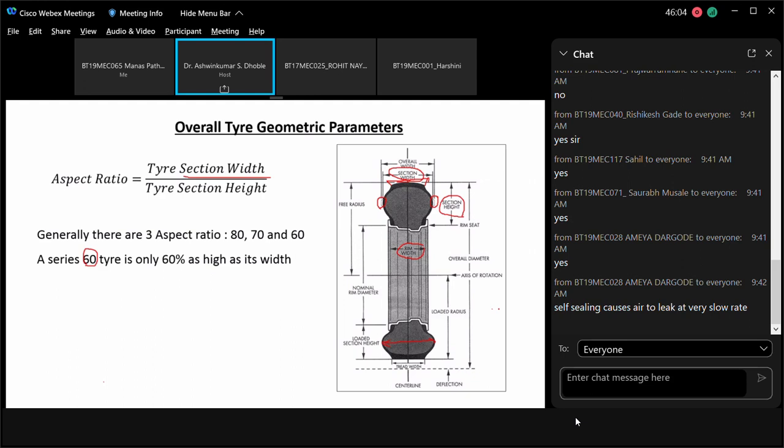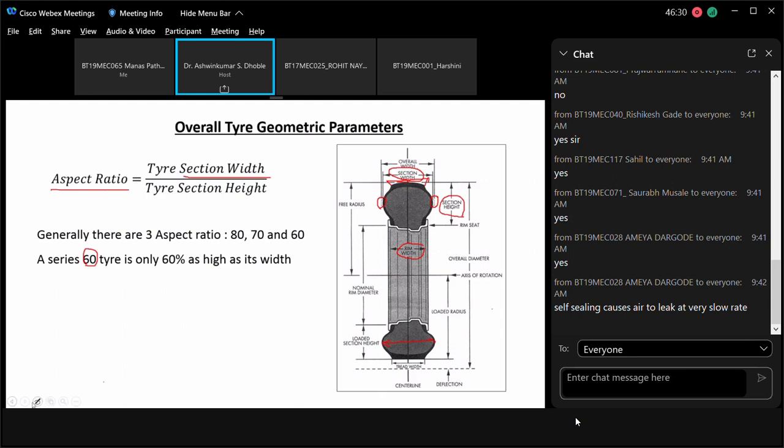As such, a free radius has got no technical significance as far as the calculations are concerned. But yes, rolling radius has got the typical significance when we are doing certain calculations. So this is basically the tire section divided by tire section height. So that is called the aspect ratio.